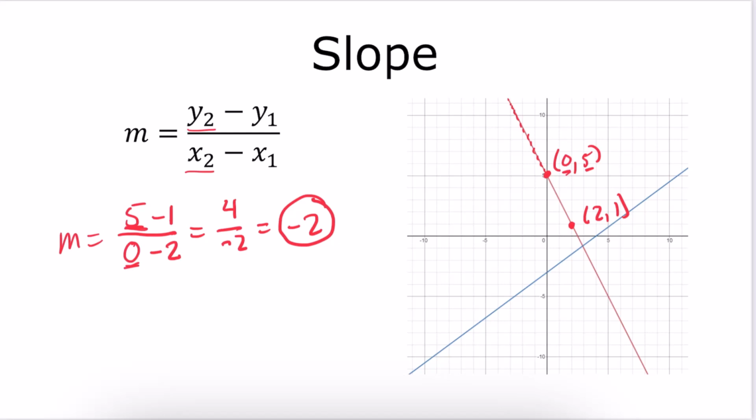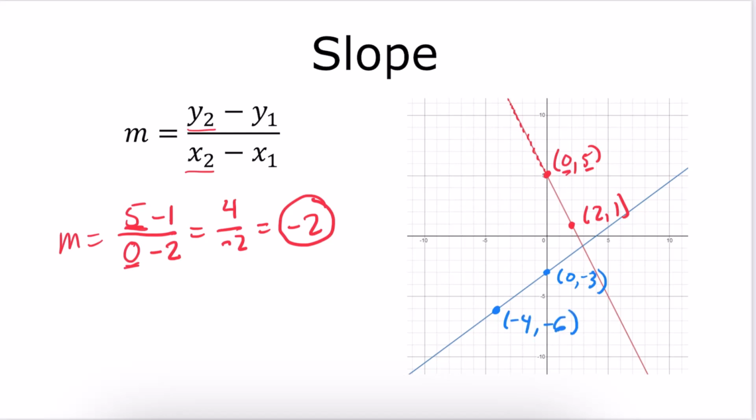Because if you were to find the slope of another line, say this one, I'm going to use this point, and maybe this would be a good point right here. So this is (0, negative 3), and this is (negative 4, negative 6).